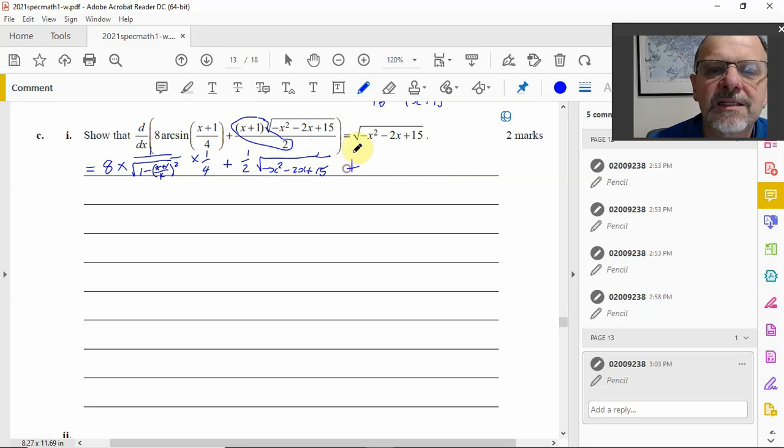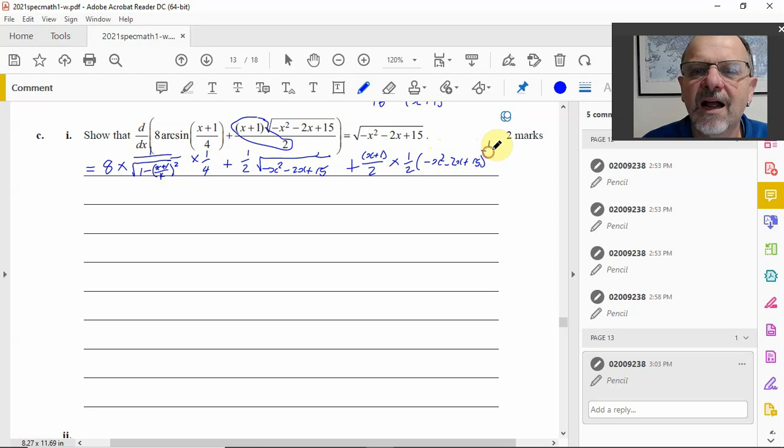Plus the derivative of that. Now, if I have that as times the x plus 1, so let's put the x plus 1 on 2 bit there, and times by the derivative of this square root. You've got to change that into index form, power of a half, so we bring our index down and reduce it by 1, so minus a half.